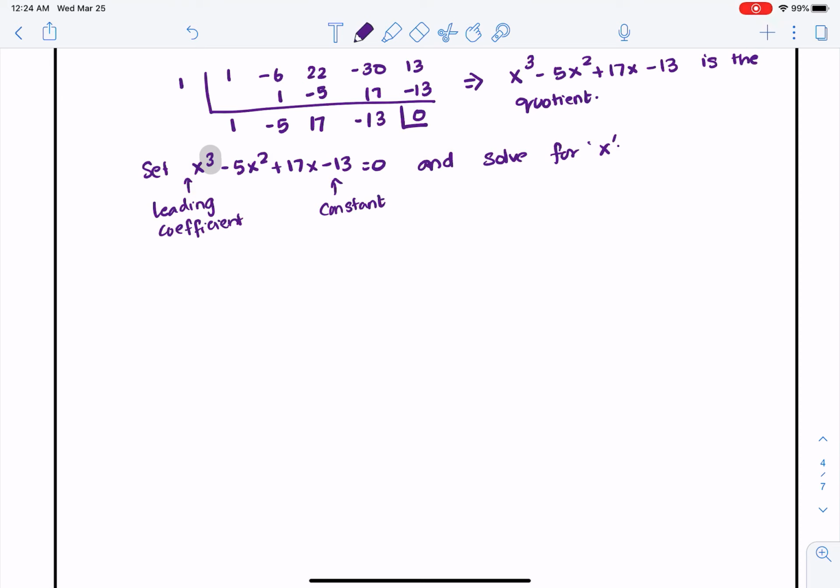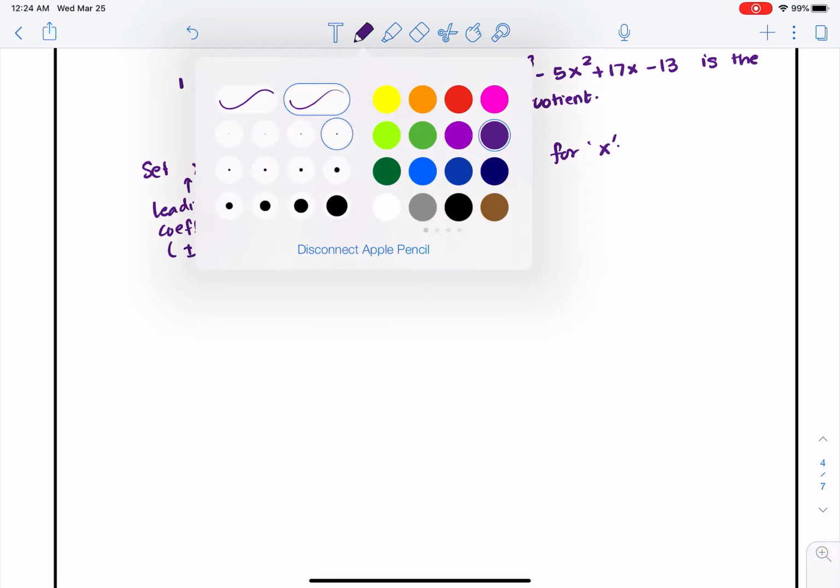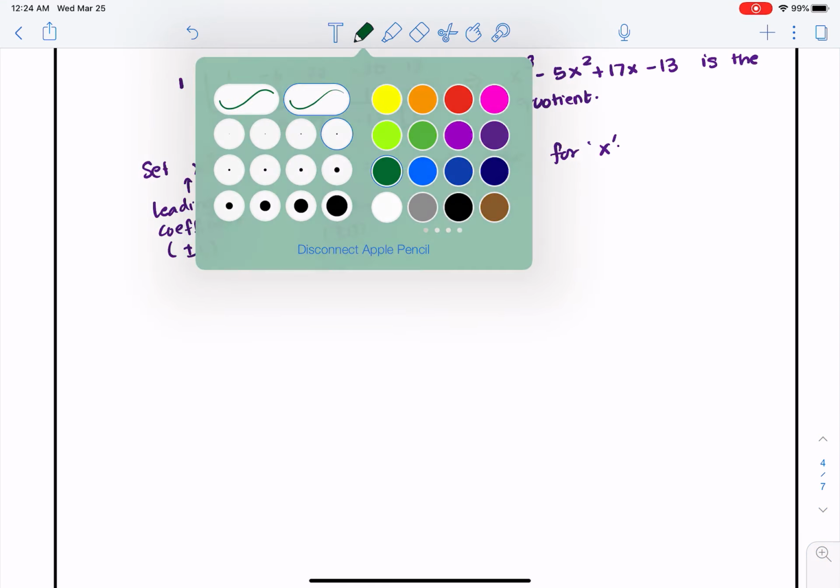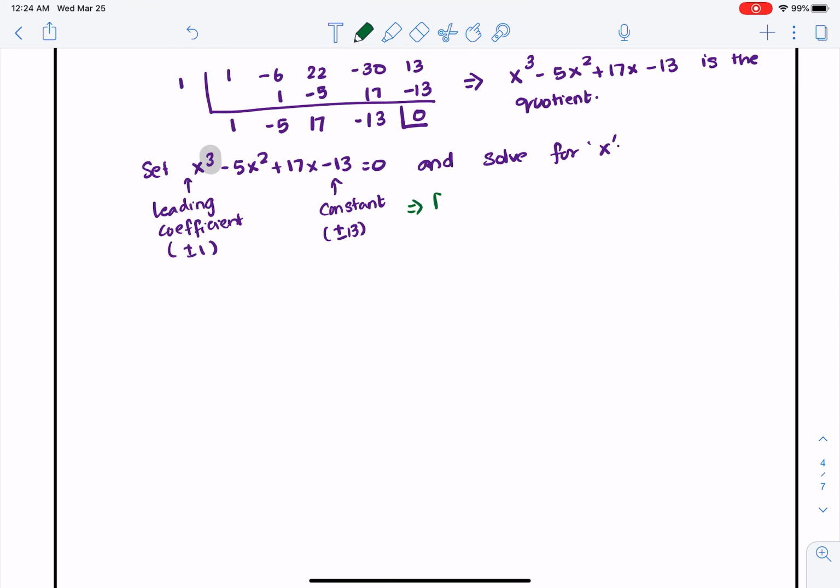So the factors are plus or minus 1 and plus or minus 13. So the possible roots or possible zeros are plus or minus 1 and plus or minus 13.